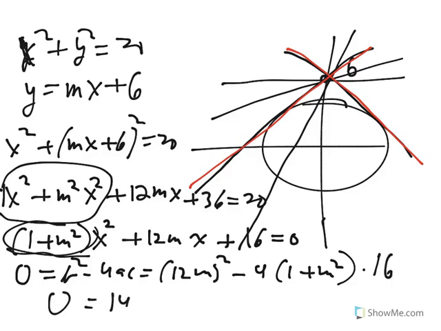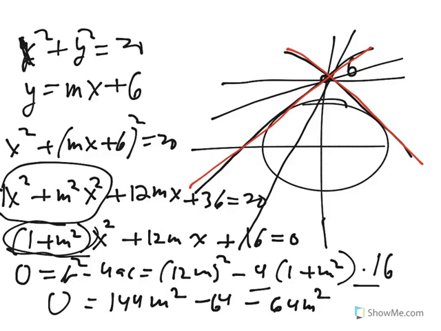This turns into 144 m squared minus 4, put the 16 and 4 together, so minus 64, minus 64 m squared.